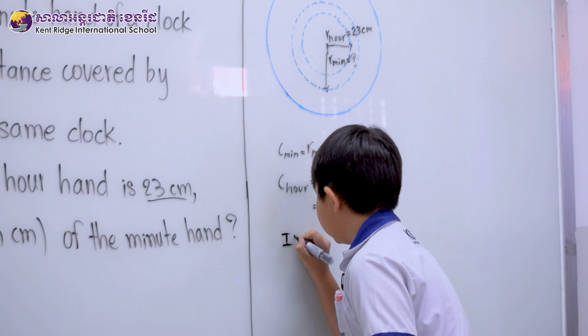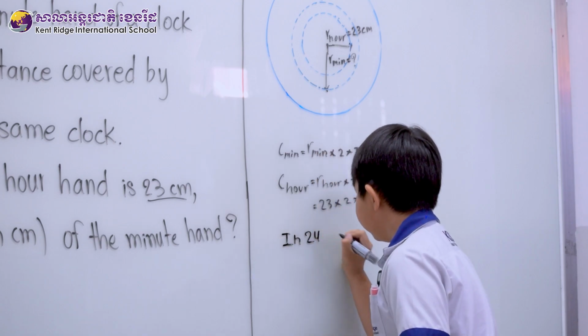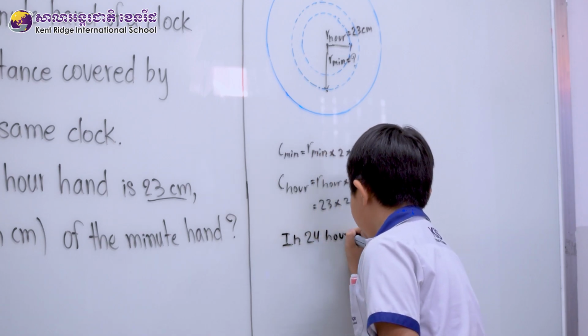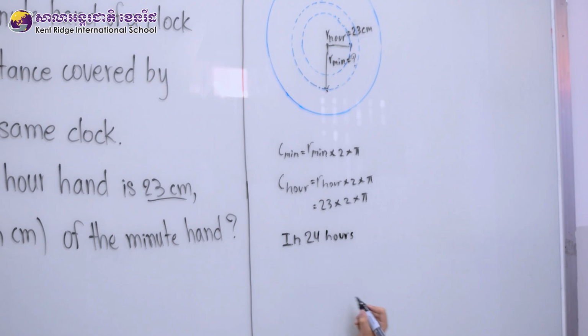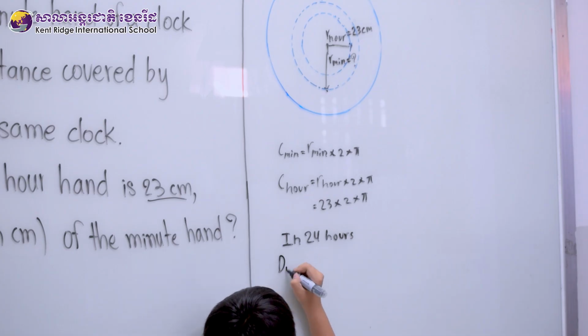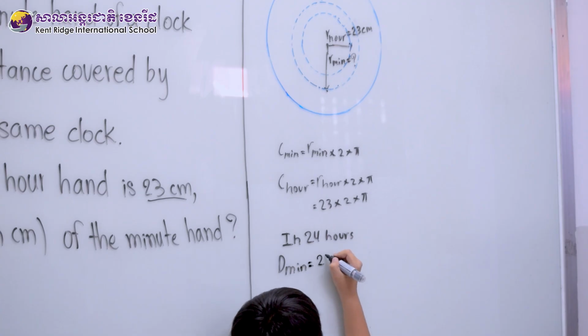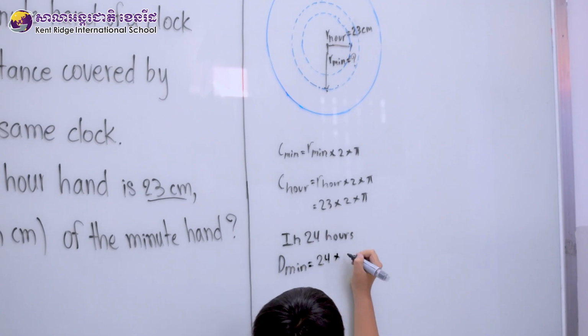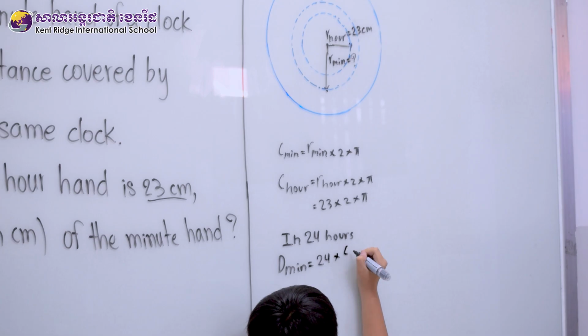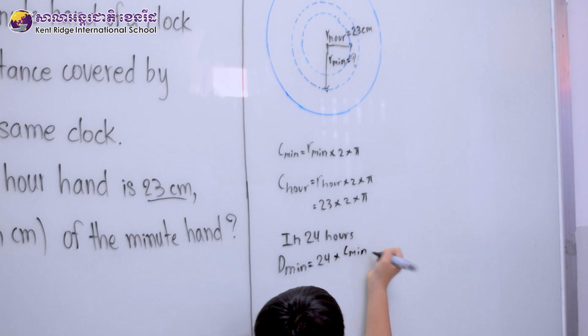So in 24 hours, the distance traveled by the minute hand is equal to 24 times the circumference of the minute hand. Why?